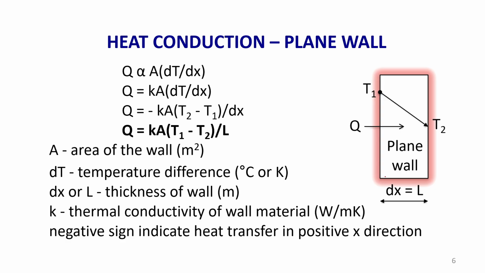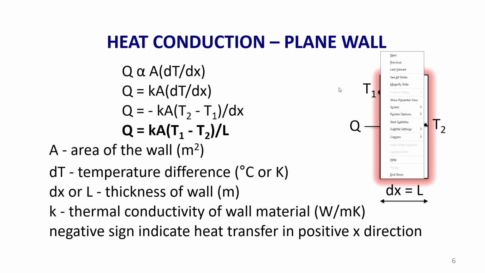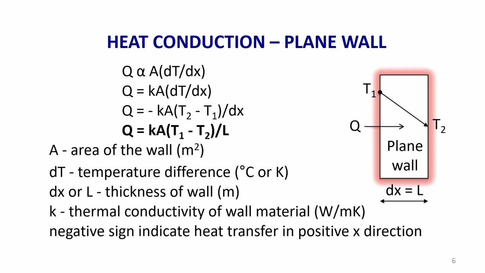Temperature gradient is change in temperature with respect to location. At this point the thickness of the wall is 0, and at the right extreme the thickness of the wall is L, that is dx. At the midpoint it will be L by 2, half the thickness of the plane wall.